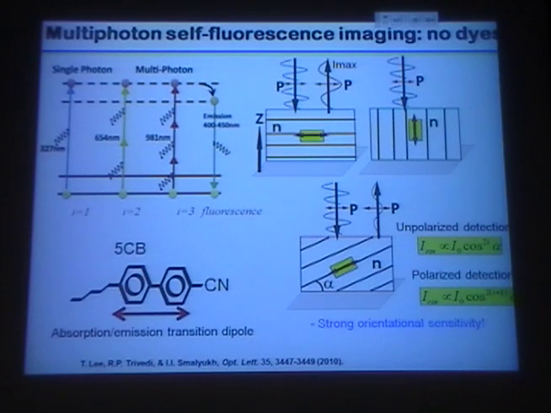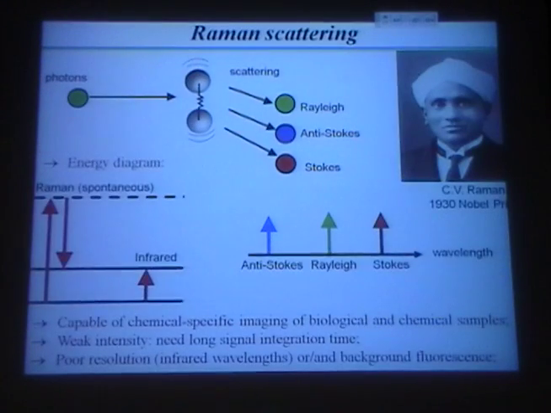So you can see that going from linear process to nonlinear process, we further increase the angular dependence of the fluorescence light, and this would allow us to do better detection of director fields patterning and visualization of director fields in liquid crystals.